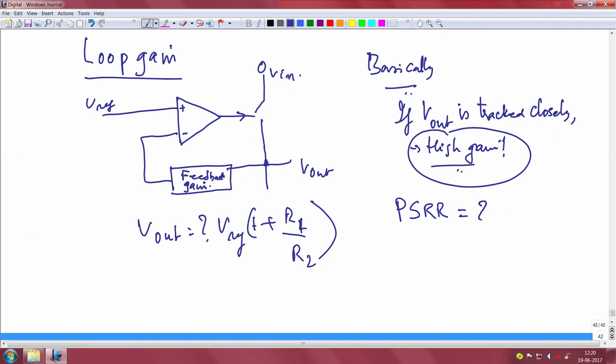PSRR is simply nothing but 20 log of V out by V in.